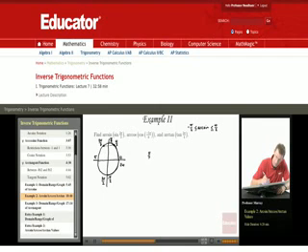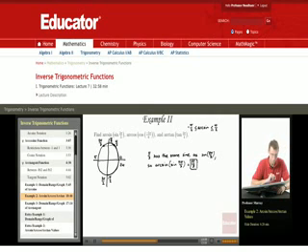So from the graph, we see that pi over 3 has the same sine as sine of 2 pi over 3. So arc sine of sine of 2 pi over 3 is pi over 3. It's an angle whose sine is the sine of 2 pi over 3.